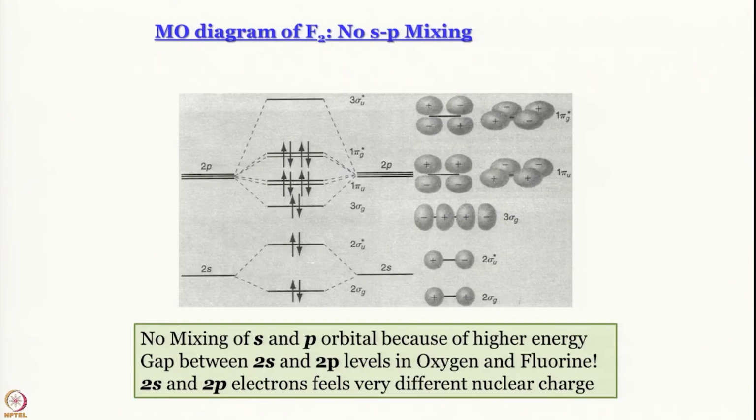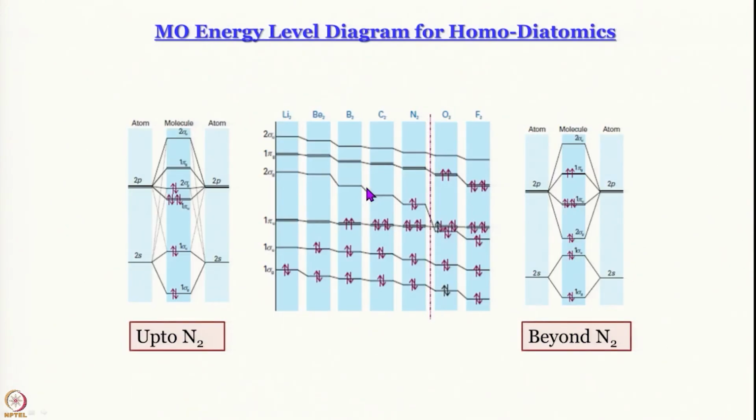Alright, for F2 there is no sp mixing, and that is what we see experimentally. So the energy scheme to be used is the other one. If you go from Li2 to F2, first of all this energy lowering will be there, but the change in the relative ordering of energy of the sigma and pi orbitals appears to take place between nitrogen and oxygen.